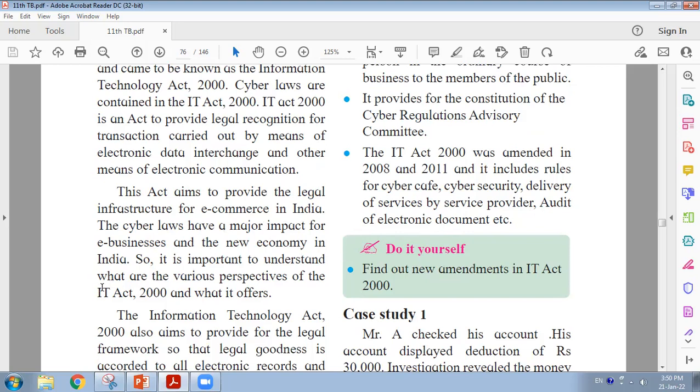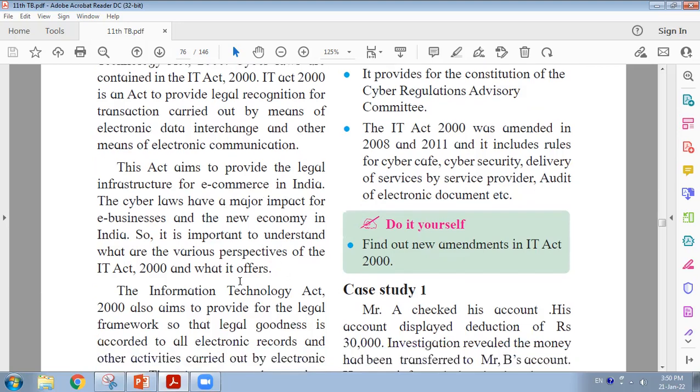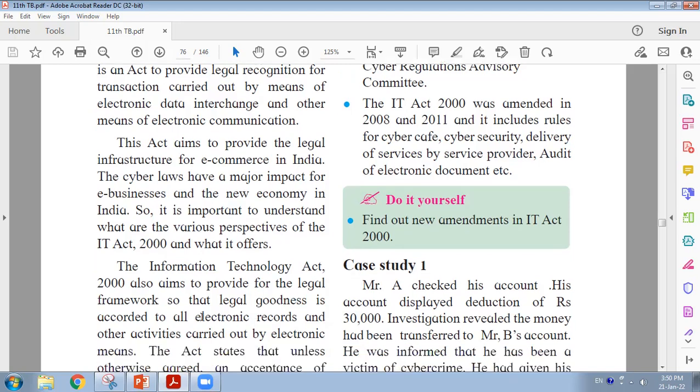So it is important to understand the various perspectives of the IT Act 2000 and what it offers. IT Act 2000 provides a framework for all electronic transactions such as electronic records, electronic activities, electronic communication, and e-commerce.